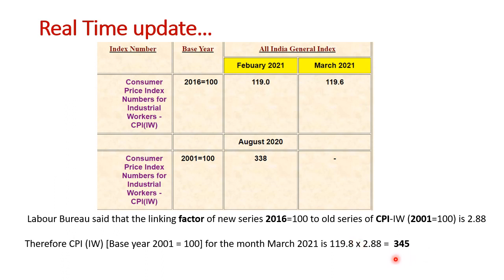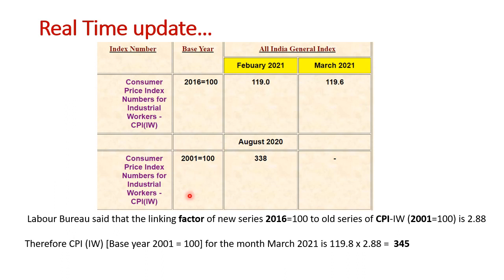Why have we done so? Because the link which was shared in the previous slide, that real-time update, is not yet updated for the 2016 base year consumer price index. That scale update is still using the 2001 base year of consumer price index.